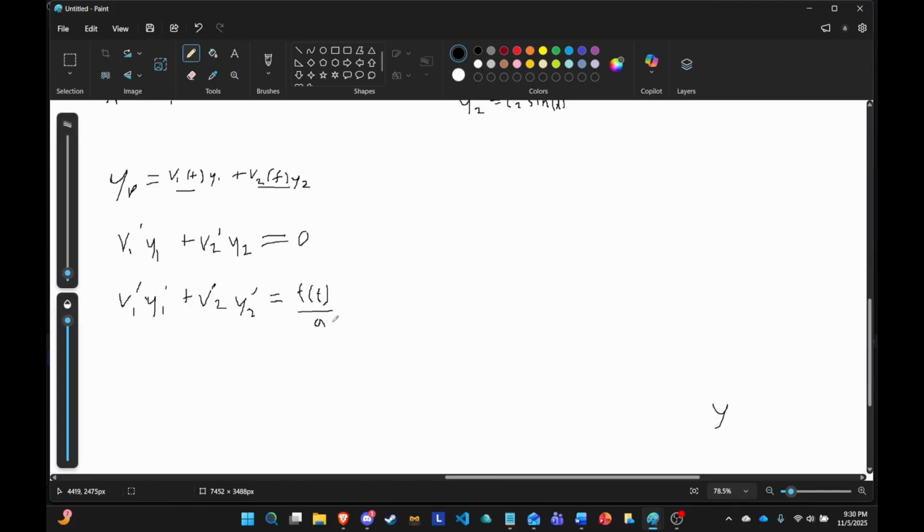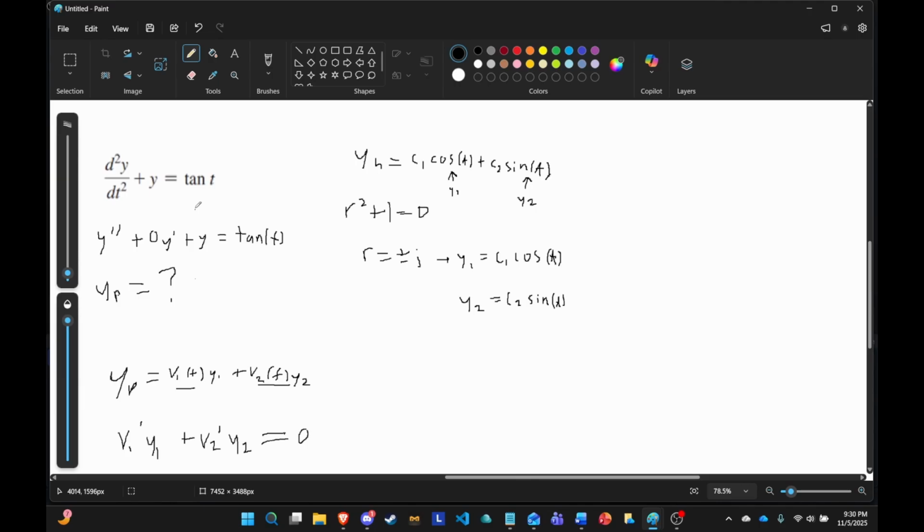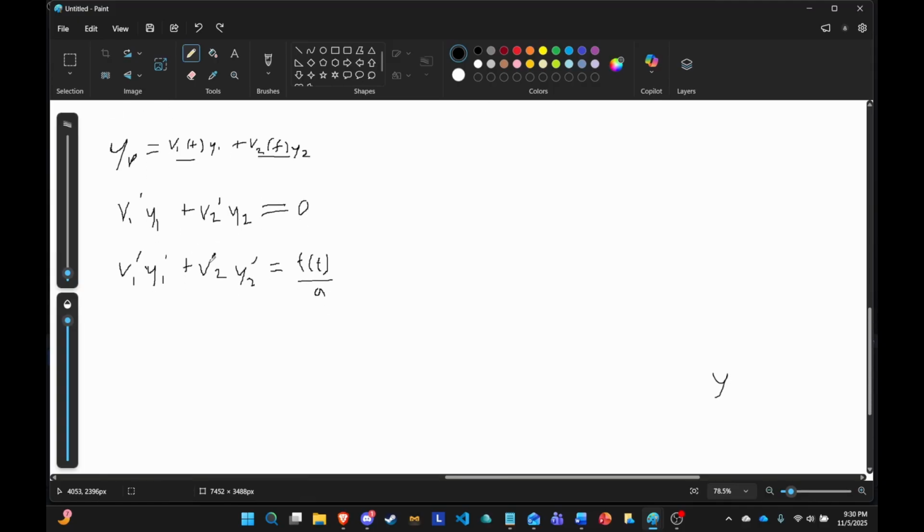Where did I get f of t and a from? Well, that's just from the original equation, where f of t is tangent of t. That's our non-homogeneous part. And our a value is technically just 1, because the a next to the y double prime is just 1. So that entire right-hand side equals tangent of t.